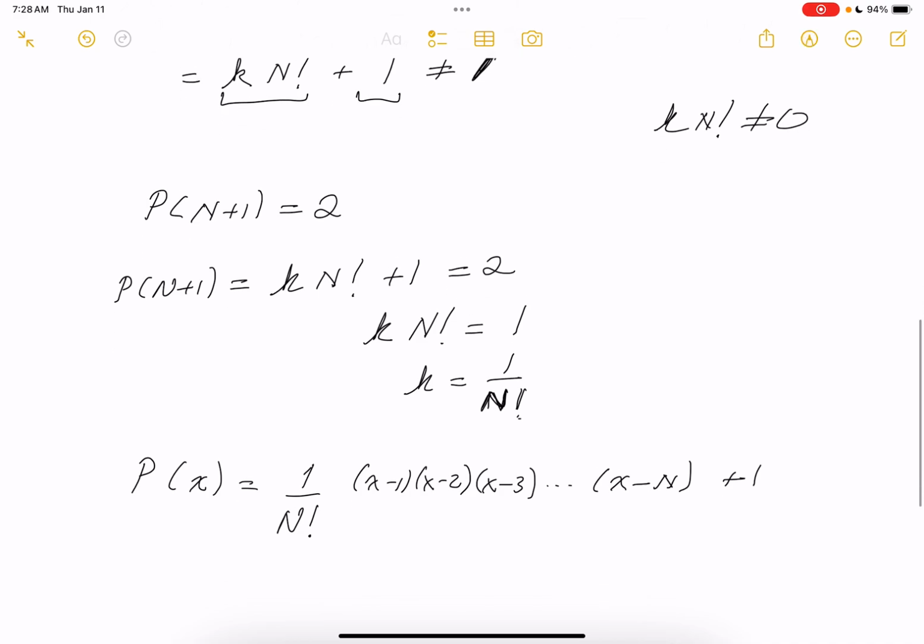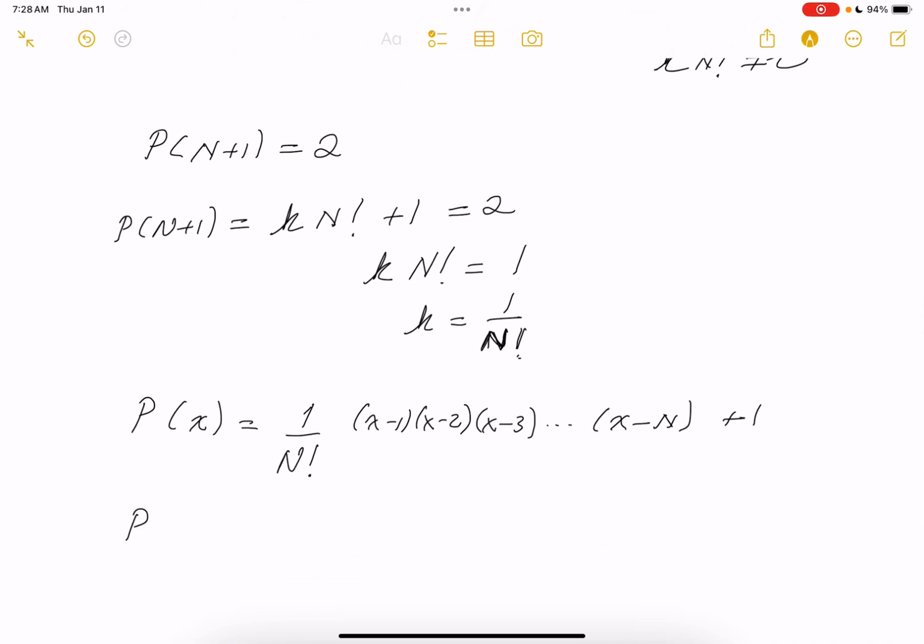So what I want to do now is write down P of n plus little r. Let me just read that again. It says find P of n plus r, where r is a positive integer. So again, they tell me r is a positive integer.